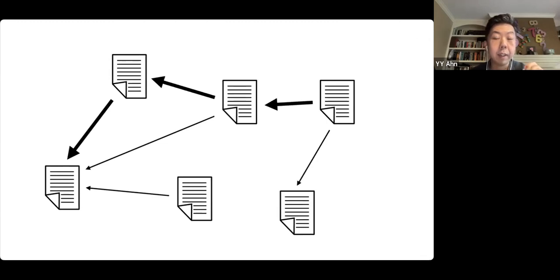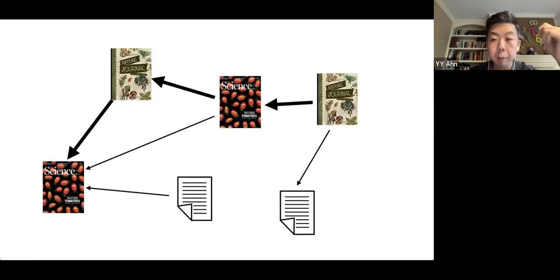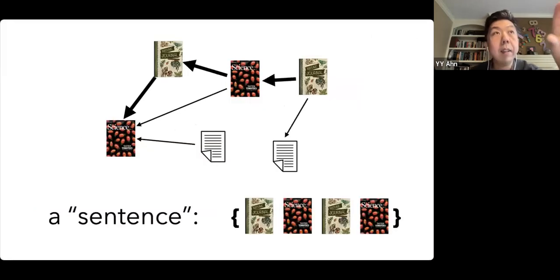You can imagine a situation where you start reading a paper, you don't understand something, look into that cited paper, and then look through another cited paper and so on, following the citation trail. And then what we did is replace the paper IDs with the journal IDs, so that we get sentences of journals instead of papers. And that gives us the embedding of journals instead of papers.